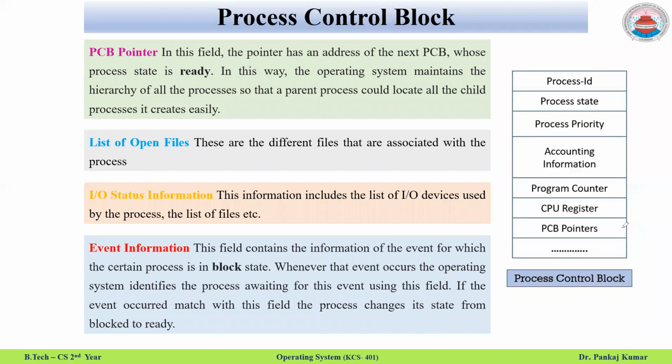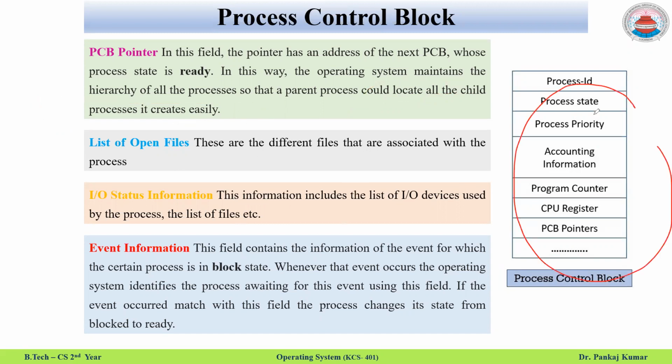So it gives the address of that particular process which is in a waiting state or a runnable state. In this way, the operating system maintains the hierarchy of all processes so that a parent process could locate all the child processes it creates.